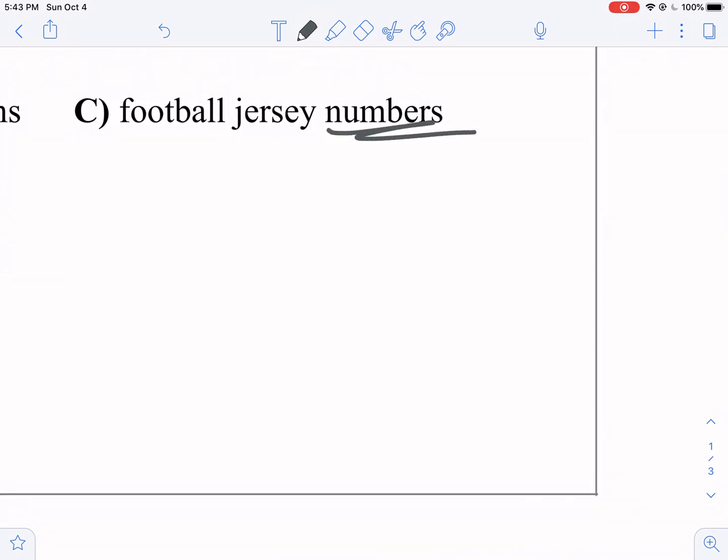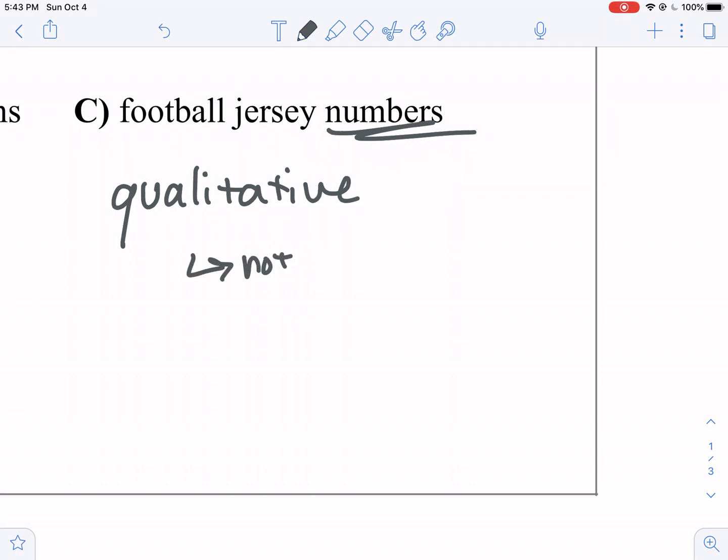Although they are numbers, that's qualitative. Because even though the data are numerical, even though you're working with numbers, they're not measurements. You're not measuring a player's height.